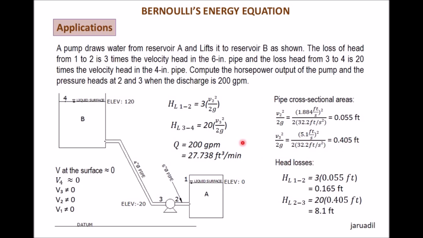Now the head losses, you just multiply this by 3. 3 times 0.055, that is 0.165 feet. And the head loss from 3 to 4 is 20 times the velocity head, 20 times 0.405, that is equal to 8.1 feet. So those are the head losses here.